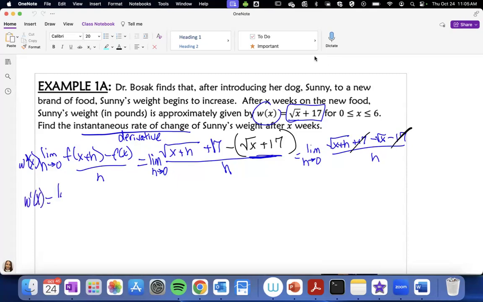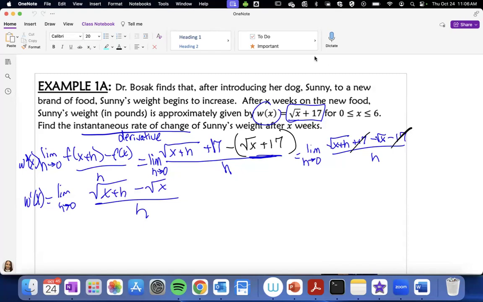is the limit as h approaches 0 of root of x plus h minus root x all over h. How do I simplify this? I still cannot plug in h equals 0. I can't take out a root x because I can't split up the root of x plus h. So how else can I simplify? What's the word for the numerator?